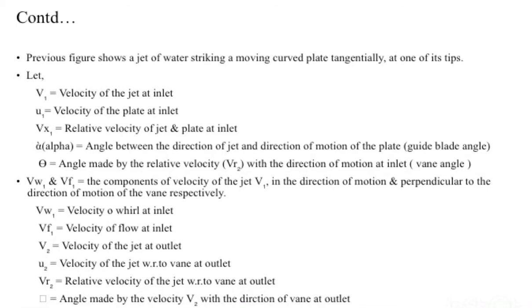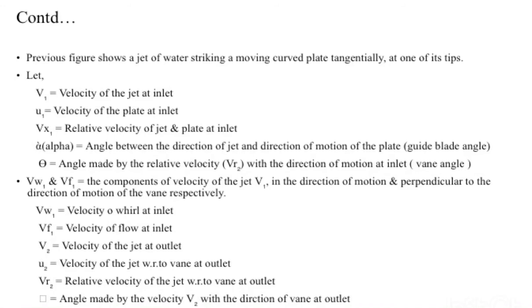Now vw1 and vf1 are the component velocities of the jet v1. The velocity v1 acting at the inlet has been resolved into vw1 and vf1, which act in the direction of motion and perpendicular to the direction of motion of the vane respectively.